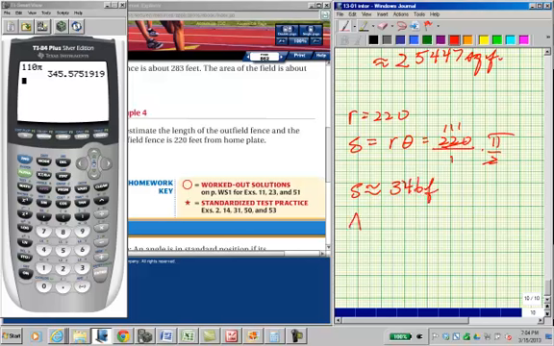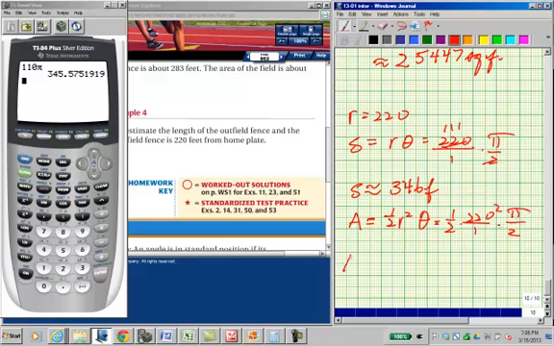And then A, the area, equals 1/2 r squared theta. Now always write these formulas down when you're working on these problems because it will help you to remember them, which is going to equal 1/2 times 220 squared. I'll put that over 1 times pi over 2.